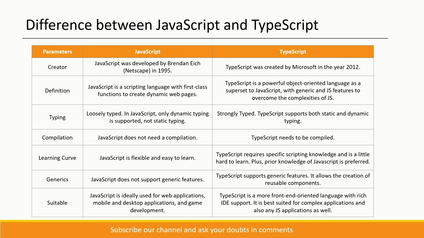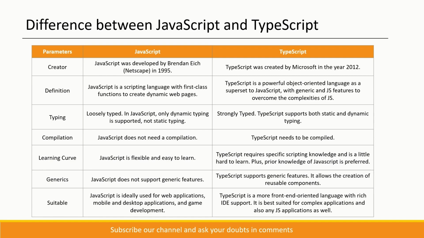Generics. JavaScript does not support generic features. TypeScript supports generic features. It allows the creation of reusable components. Suitability. JavaScript is ideally used for web applications, mobile and desktop applications, even game application development. TypeScript is a more front-end oriented language with rich IDE support.